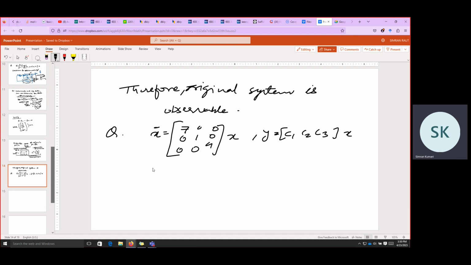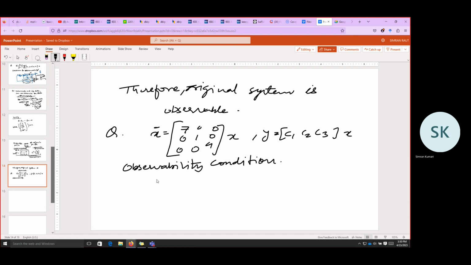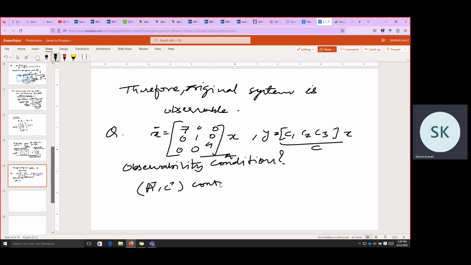Now it asks: what is the condition for observability of this system? For this system to be observable, the dual should be controllable. Dual means if this is A, then A transpose; if this is C, then C transpose. So A transpose, C transpose should be controllable.